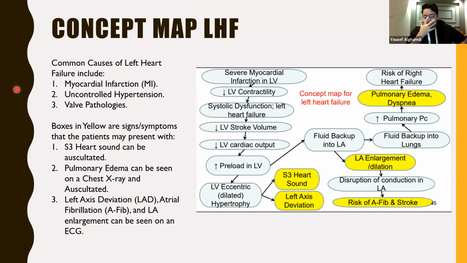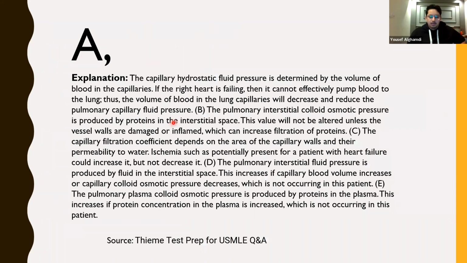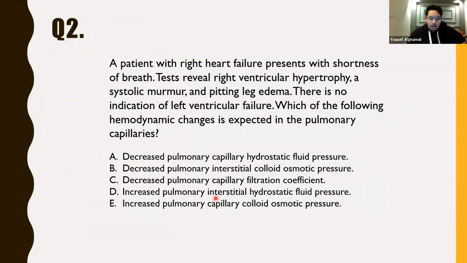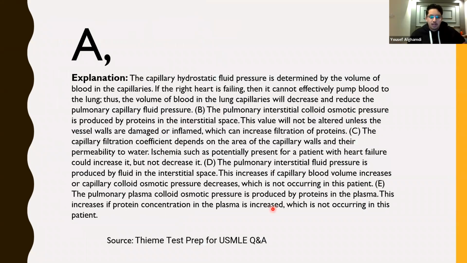So common causes of left heart failure would be a myocardial. Okay, what would happen to the colloid osmotic pressure? You remember the Starling forces, right? Pulmonary capillary colloid osmotic pressure. So here, it was E. The pulmonary plasma colloid osmotic pressure is produced by proteins in the plasma, right? This increases if the protein concentration in the plasma is increased, which is not occurring in this patient.